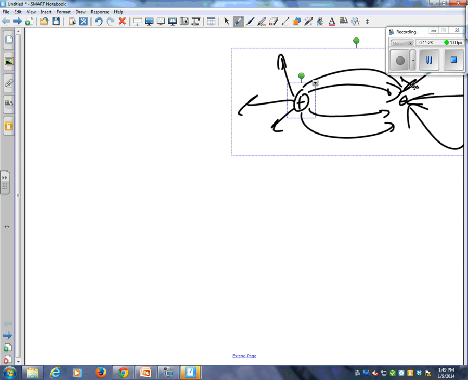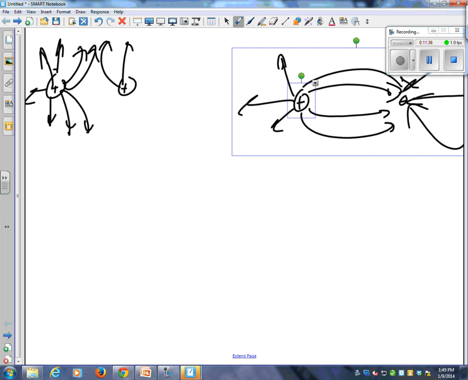So A is positive, positive. So it's going to be away, away, away. I'm doing it pretty messy, but you get the point, right? Okay. Positive, positive plate.